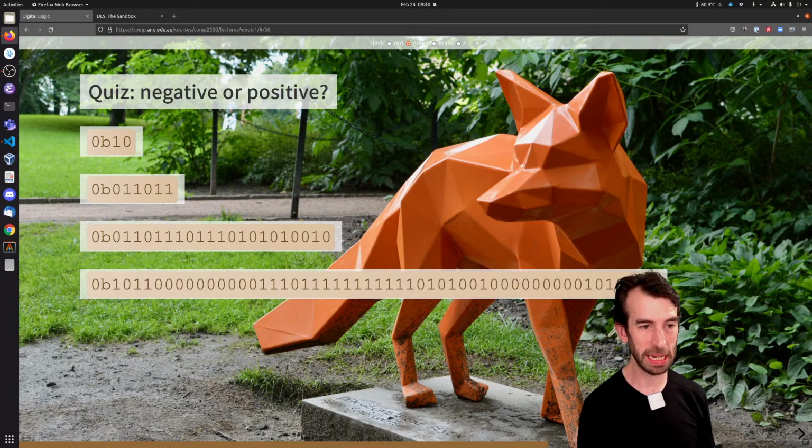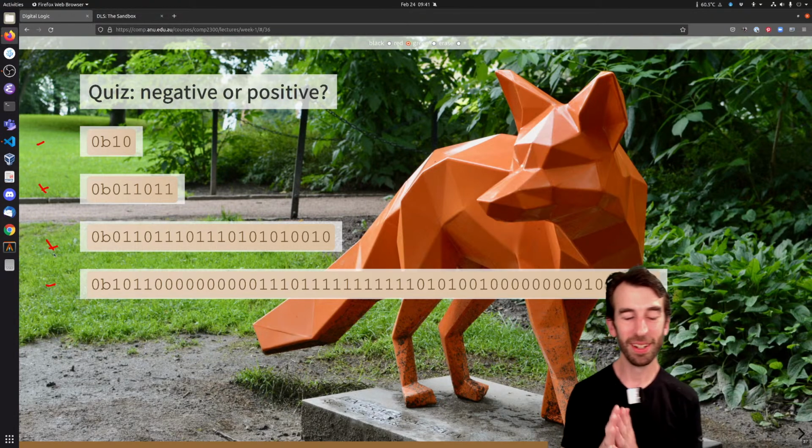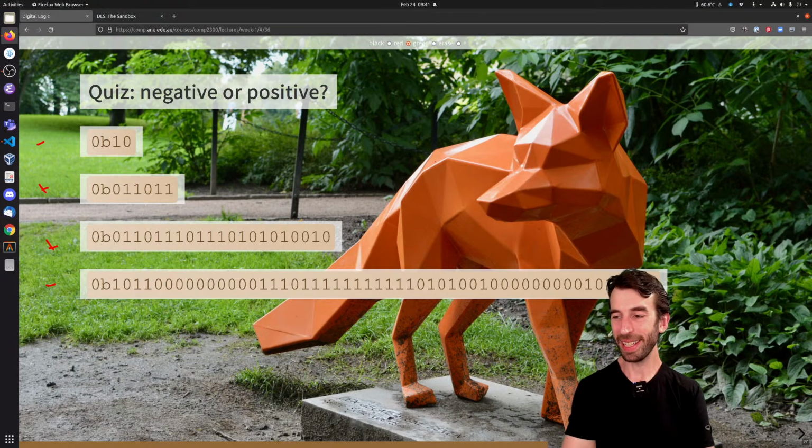Someone's got an answer. They're saying this one's negative, that one's positive, that one's positive, that one's negative. Ooh, someone's got a question. They've returned a question with a question: are they signed? Because actually I haven't given you enough information to tell whether they should be negative or positive numbers.